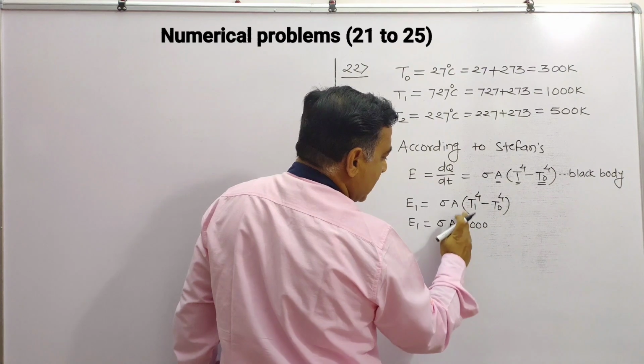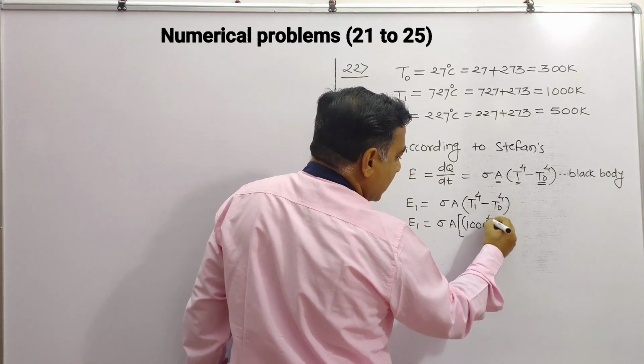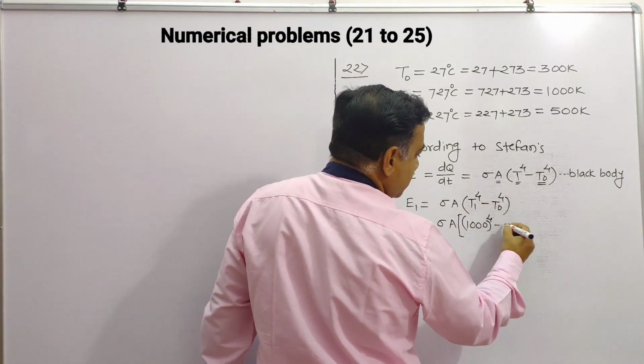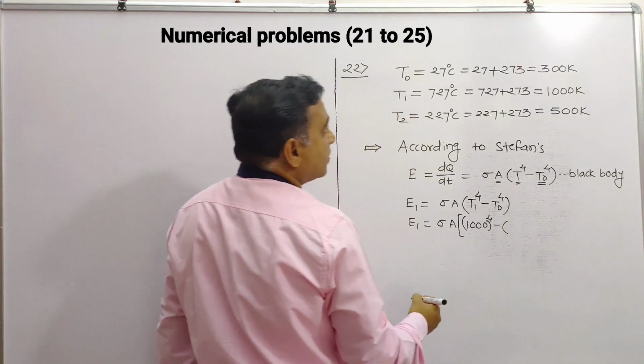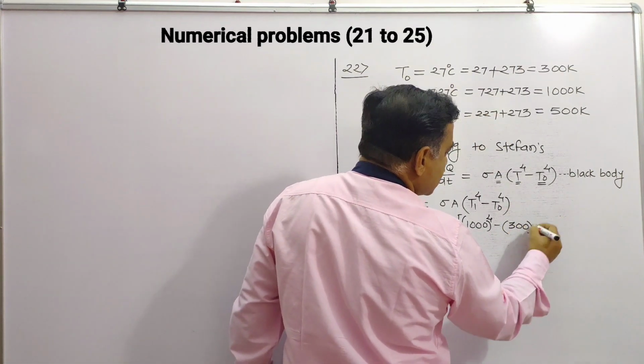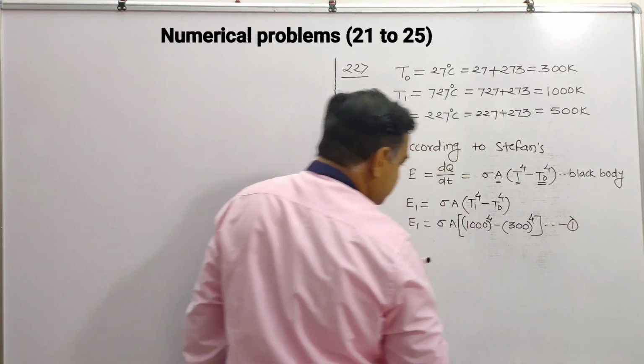I am going to write it in a square bracket instead of a rounded bracket so that I can easily substitute 1000 raised to power 4 in the bracket. And the surrounding temperature is 300 raised to power 4. This is equation number 1.